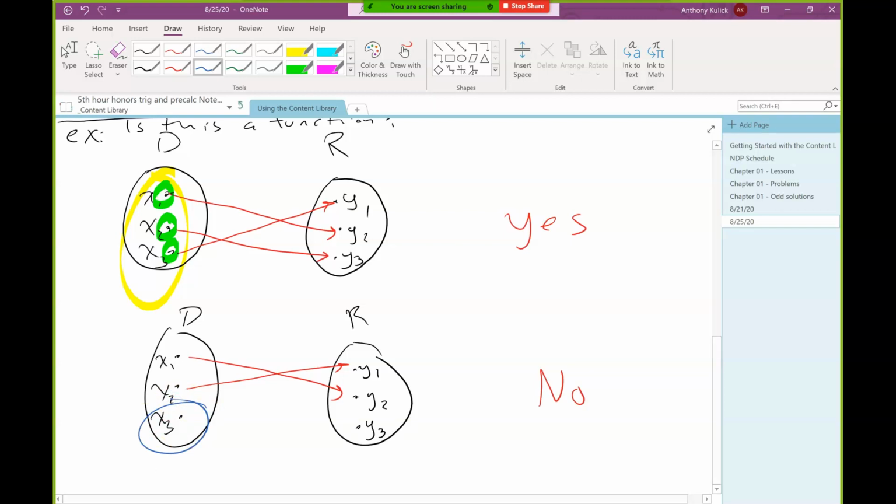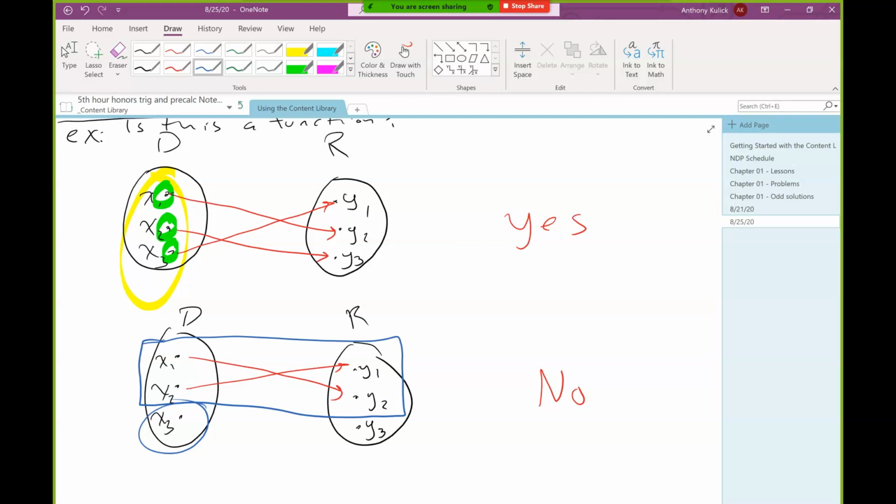Could we turn this into a function? Yes. The way we do that would be just to restrict the domain so that we're only caring about x1 and x2. And this is what we often did last year in your algebra course, right?